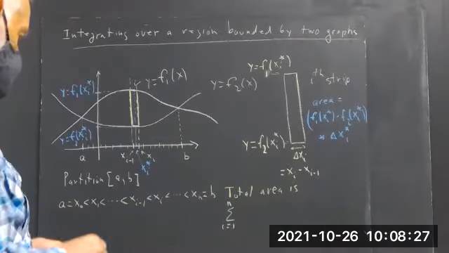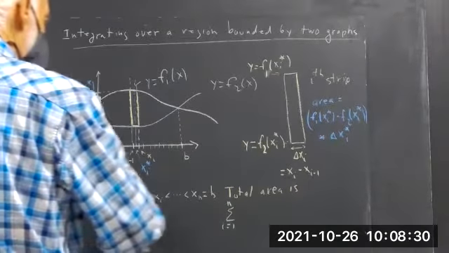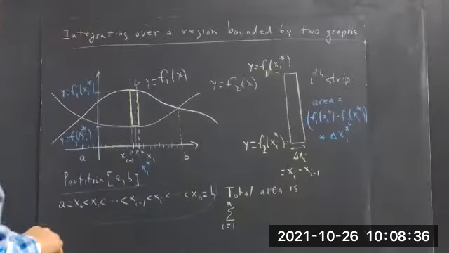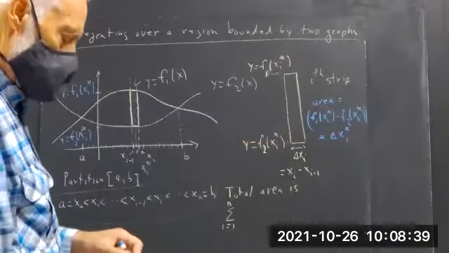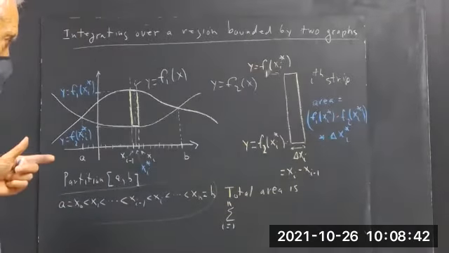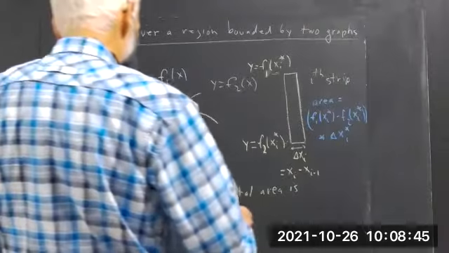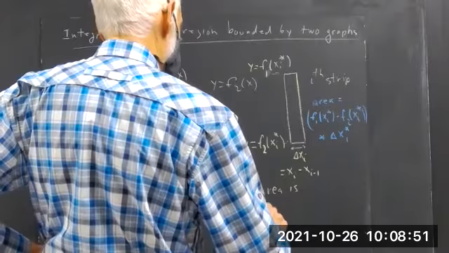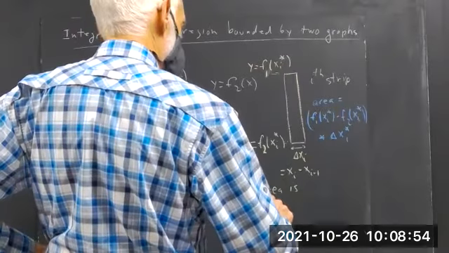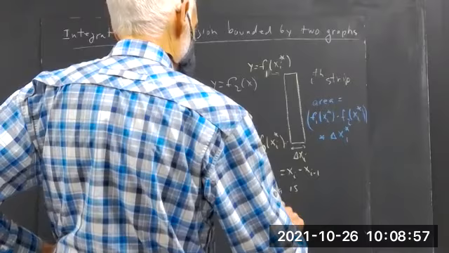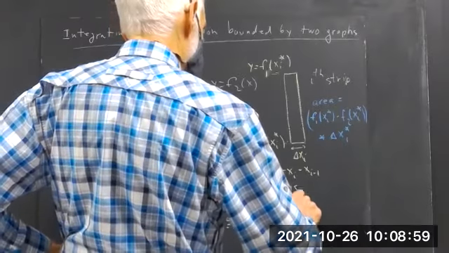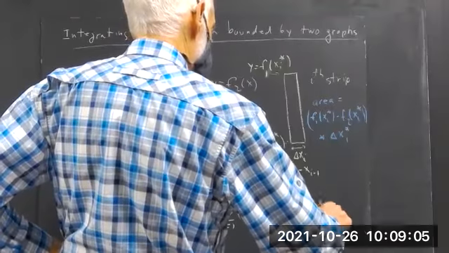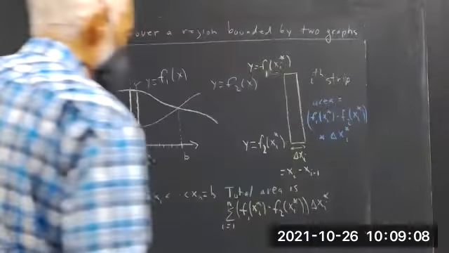Total area, that is going to be the sum from i equals 1 to n of the areas of these strips. So it'll be the sum from i equals 1 to n of f1 of x i star minus f2 of x i star, multiplied by delta x i.